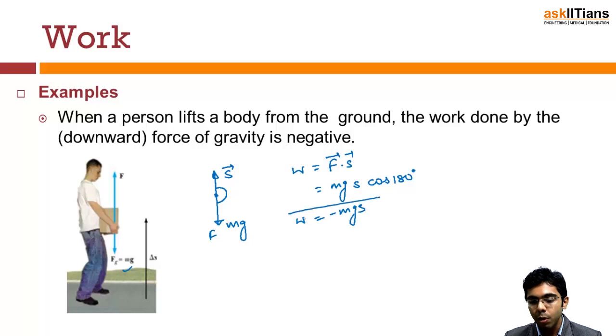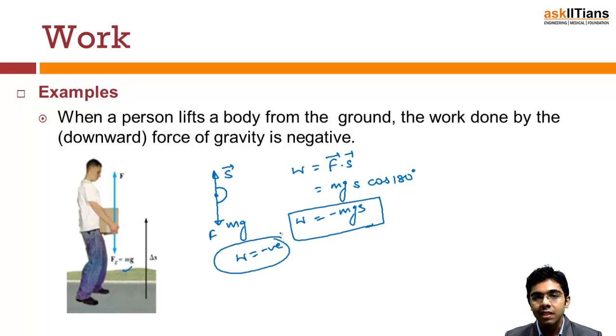Therefore what we got is that work done is negative. What does it exactly mean? It means that the gravity work is opposing this motion.